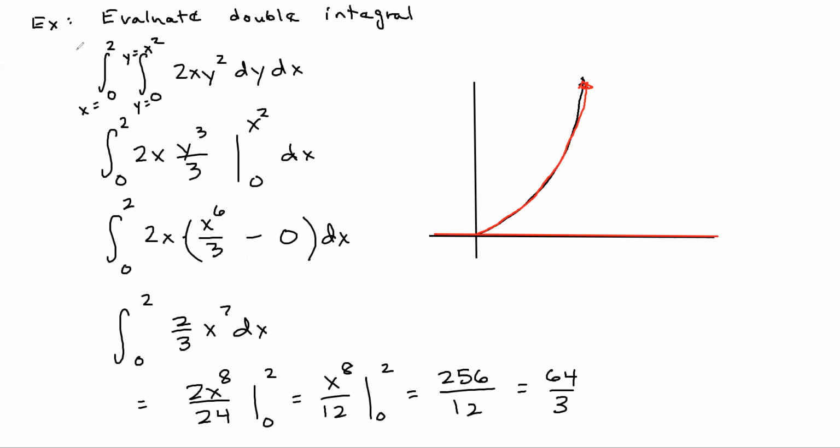So x equals 0 to x equals 2 is where we start and stop. So we want to start at x equals 0 and stop at x equals 2. And so this ends up being the base of our object that we ended up integrating across.